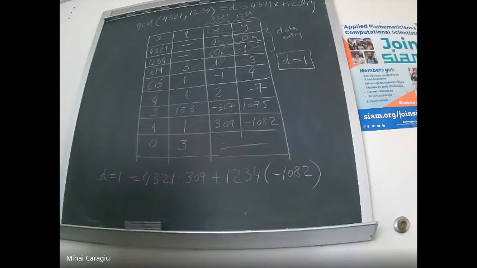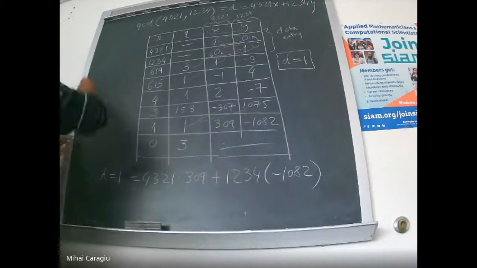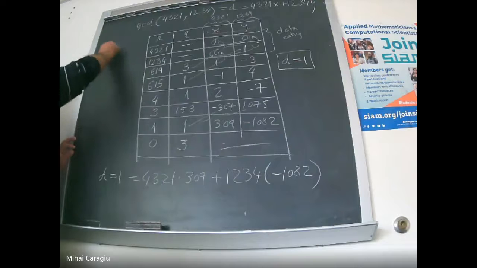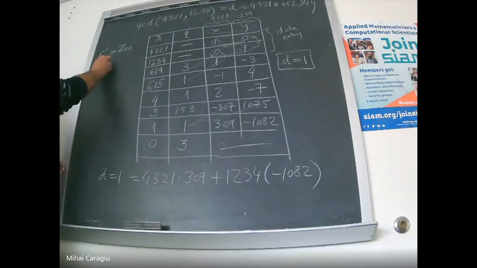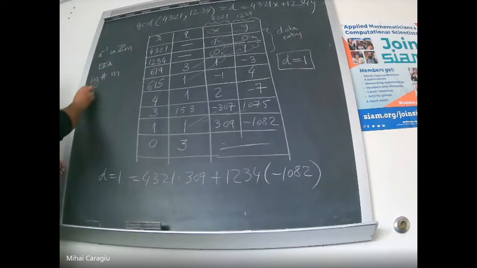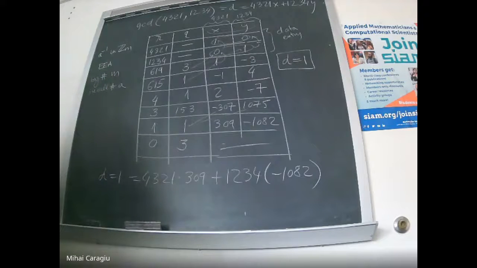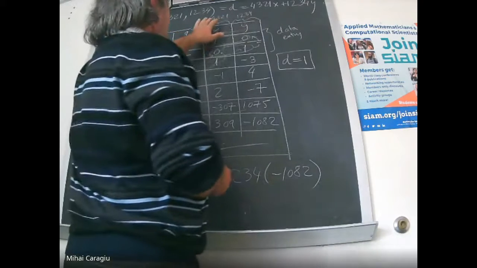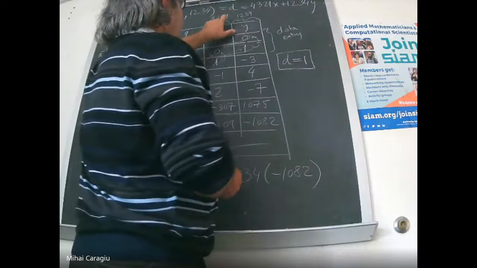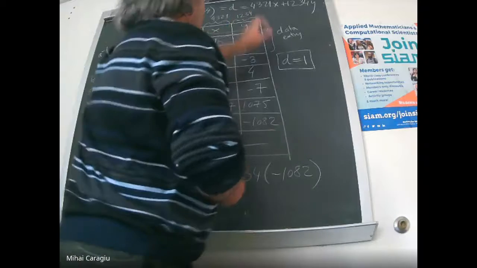One of the most important applications of the extended Euclidean algorithm in cryptography is to find inverses modulo M. So to find A inverse in Zn, we have to execute the extended Euclidean algorithm for big number M and small number A. In this case, if we want to find the inverse of 1,234 modulo 4,321, this will be the M value and this will be the A value.